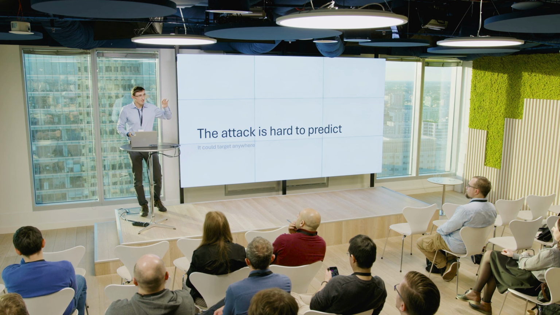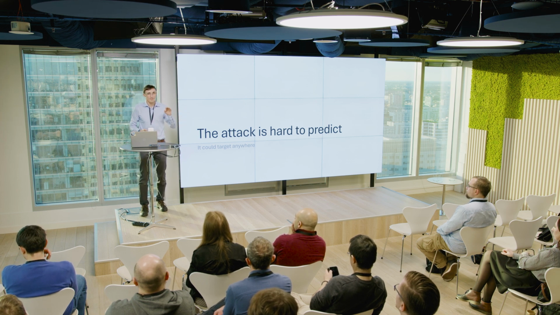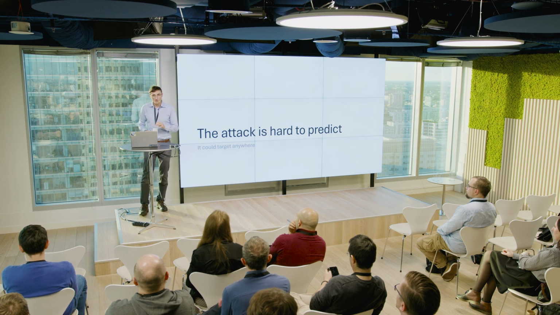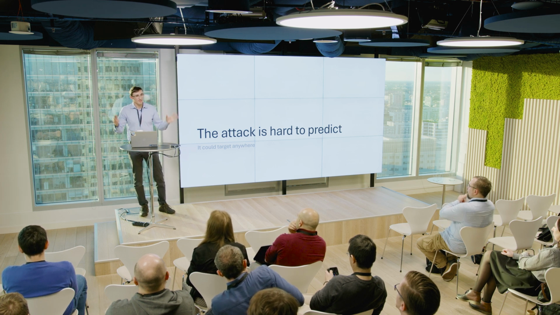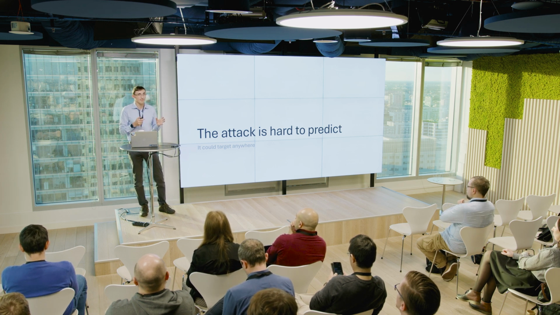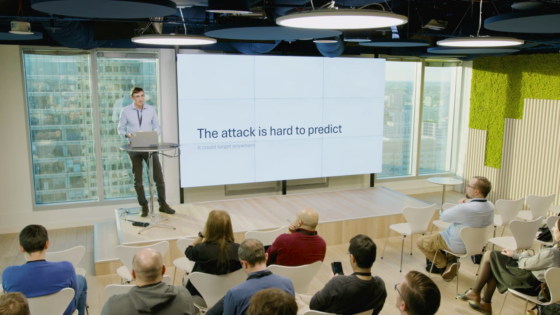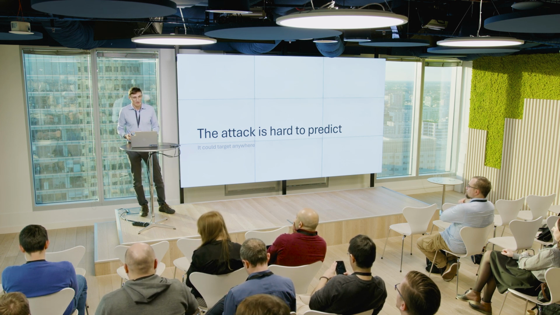That's why it's not only the responsibility of the developers to think about security. It's also very important that other people who have an impact on the final product, on the final system, think about security as well.